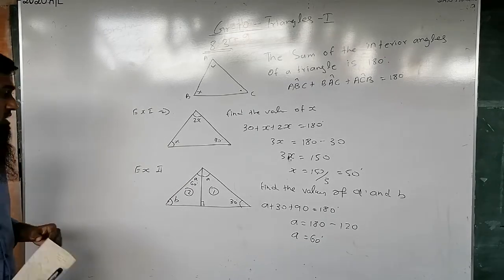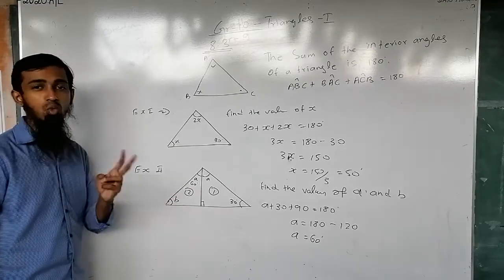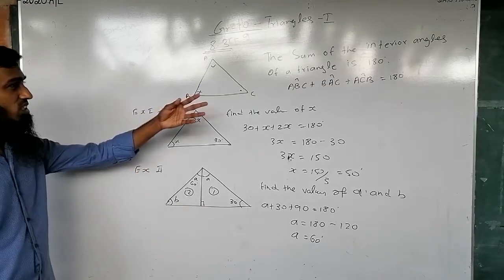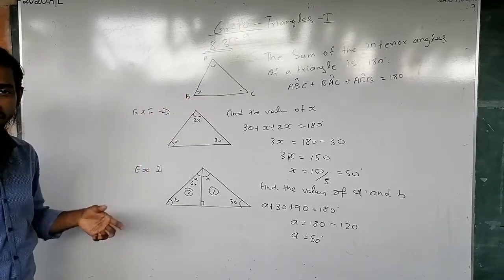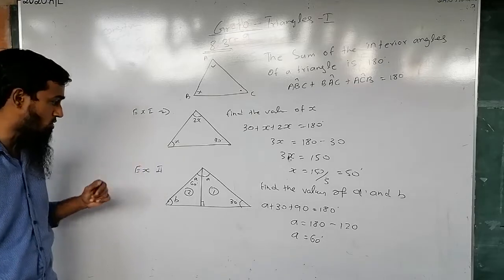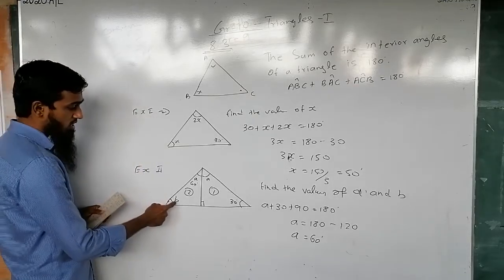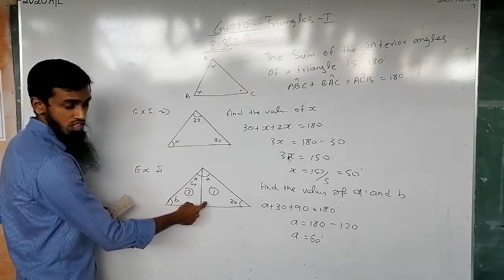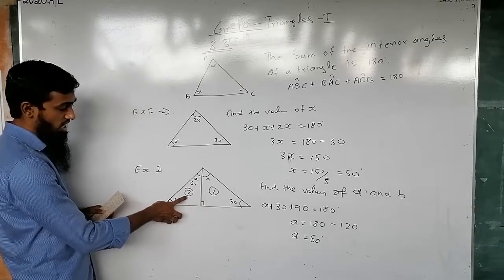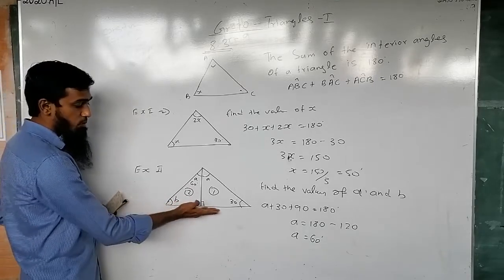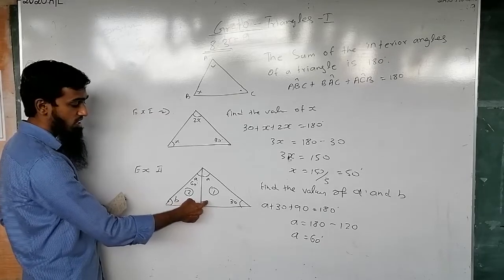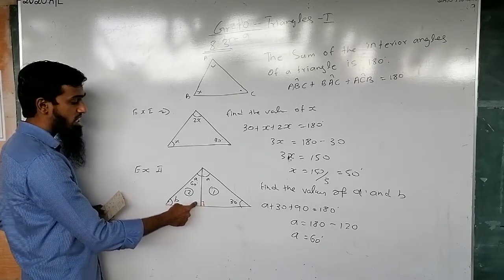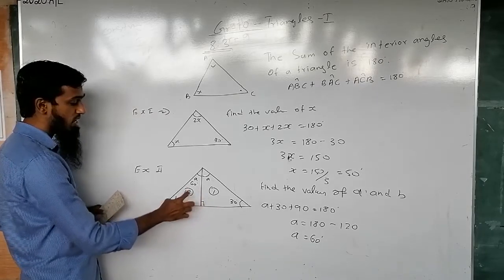Okay. To find B, we have two ways. We can use the exterior angle, the previous theorem also. If you take the second triangle, one of the sides is produced, so this exterior angle is given as 90. The interior opposites are B and 60.